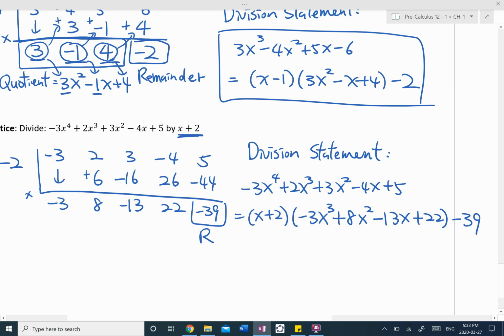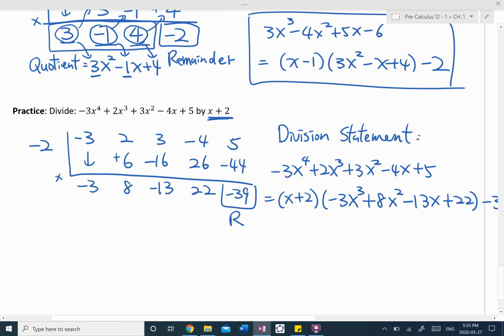Okay, so again, the quotient is always 1 degree less than the dividend if we are dividing by x minus a. What I was going to mention was, what if there was a missing term? For example, what if there's no 2x cubed here?